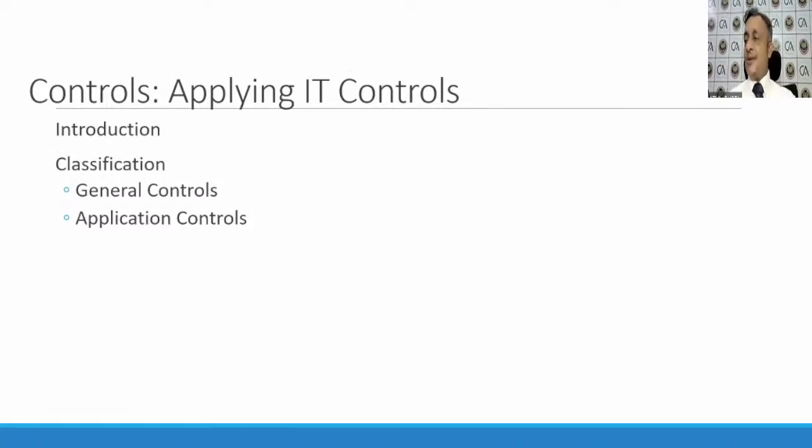So applying IT controls: types of general IT controls and application controls. Let me ask a question. I want you to understand before we read, and believe me, you will all say correct answers. So I am giving you two options. You say whether this is general control or application control, GC or AC.